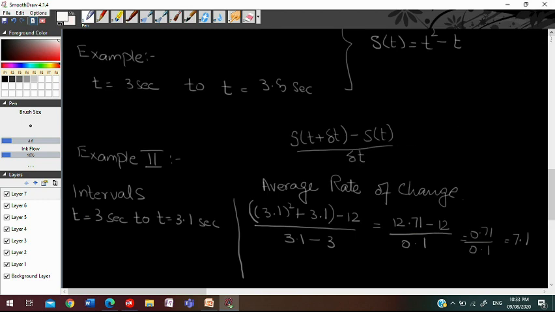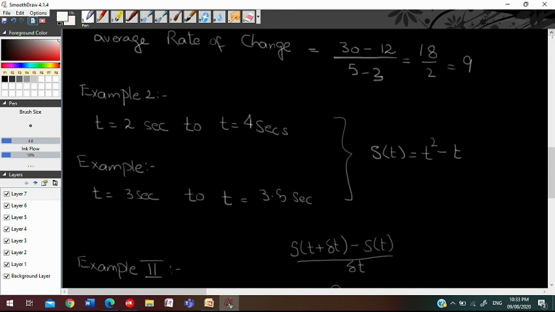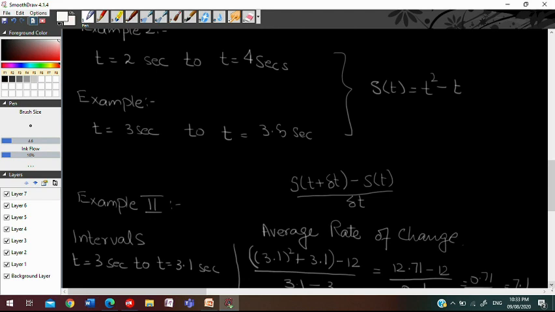The same thing you can see here. I will write here the formula in comparison. The previous formula was S of t1 minus S of t divided by t1 minus t. These are the two different formulas. The previous formula is for average rate of change, and this formula is for instantaneous rate of change.